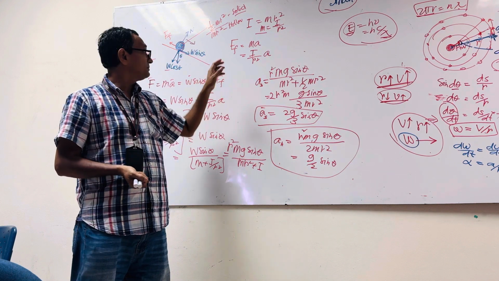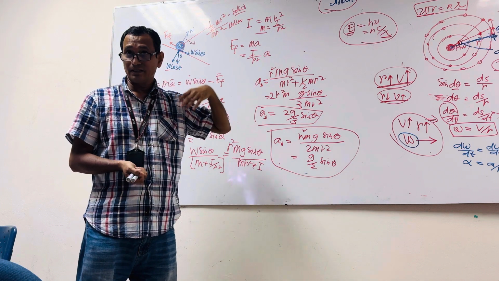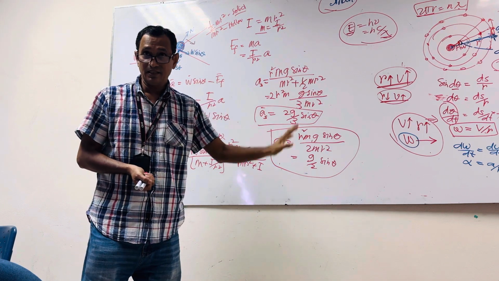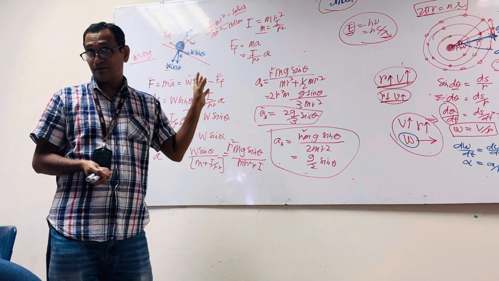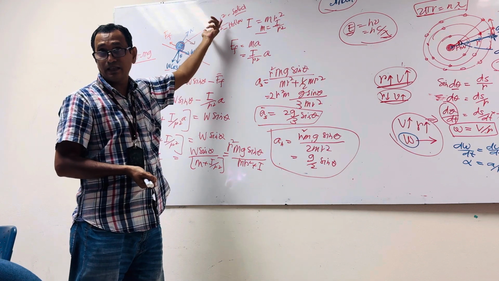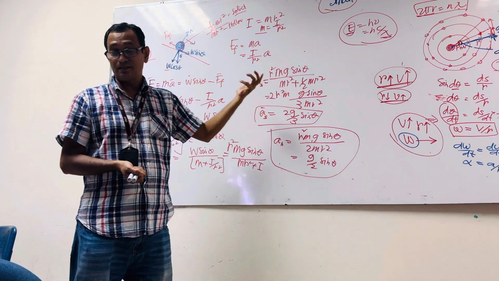That means the lower moment of inertia can lead to a faster fall. So that means actually it has a time dependence. Though we are talking about the physical aspect of moment of inertia, it has an effect on the timing of the system.